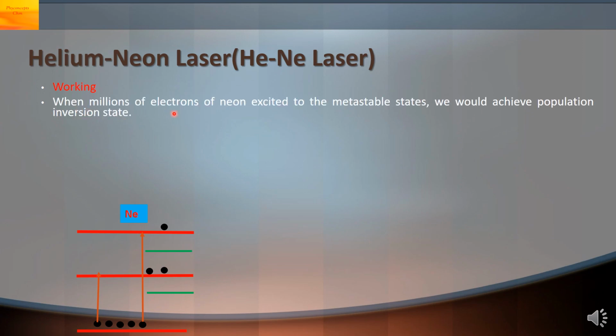So when millions of electrons of neon are excited to the metastable states, we would achieve population inversion state.